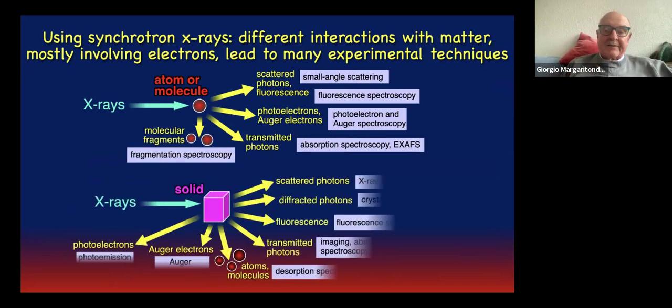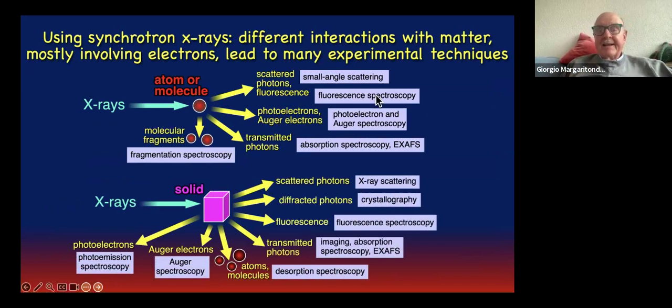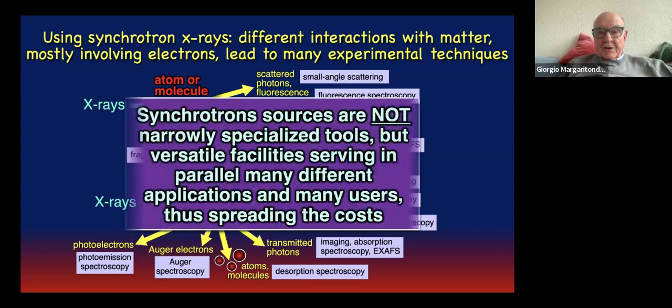Each one of these physical mechanisms is exploited by one or more experimental techniques. So we are talking about a huge variety of possible applications. So synchrotron sources, we must stress, are not specialized tools.